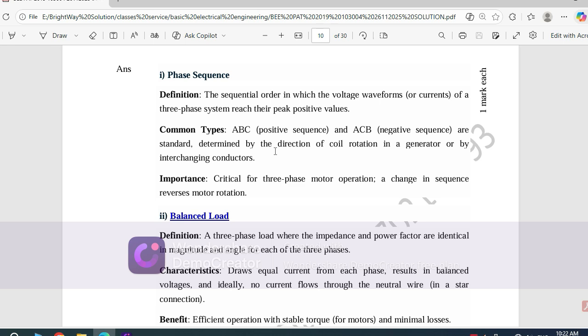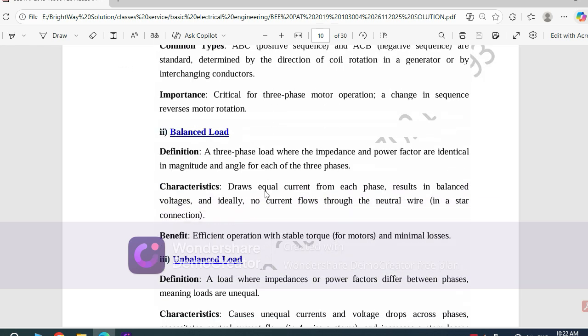Subsequently, we consider second, third. Here an example is given, ABC, ACB, negative phase sequence. Examples are there, no issue.